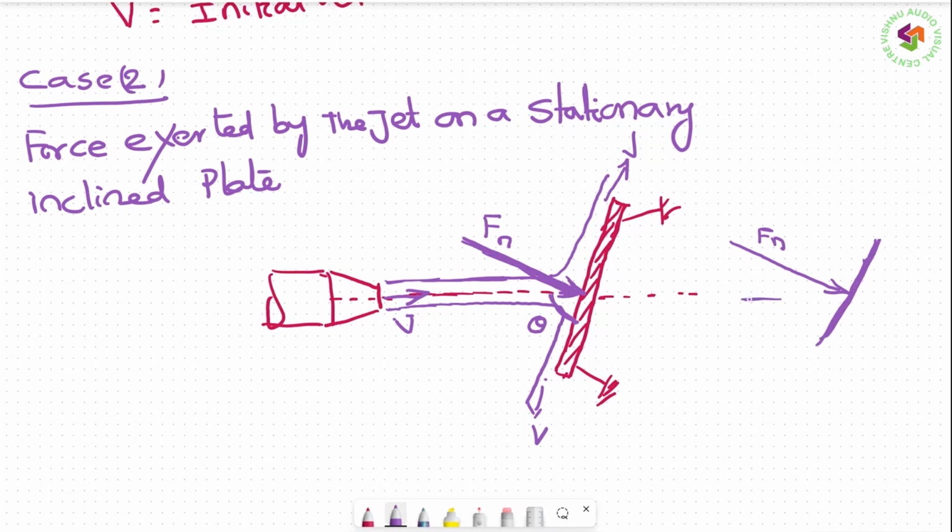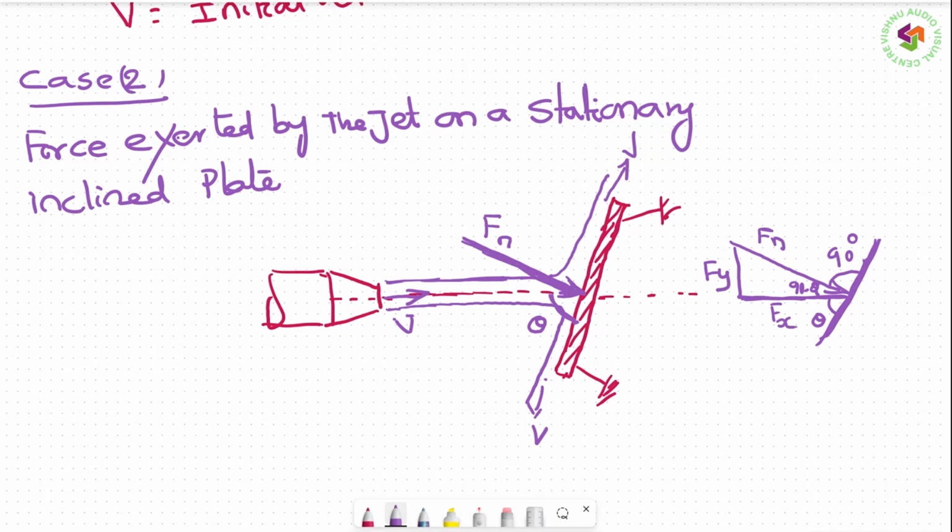And this is how the jet is striking. So this angle is theta. This angle is 90 minus theta. This angle is 90 degrees, the normal. Once I calculate it, I calculate both Fx and Fy.